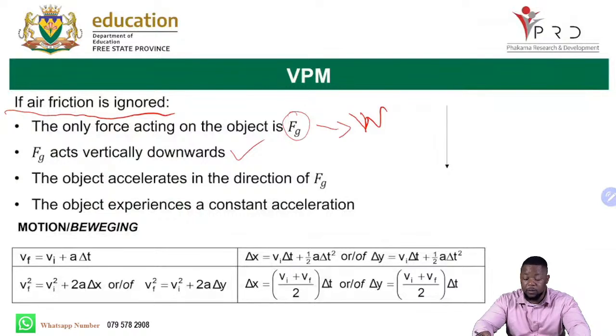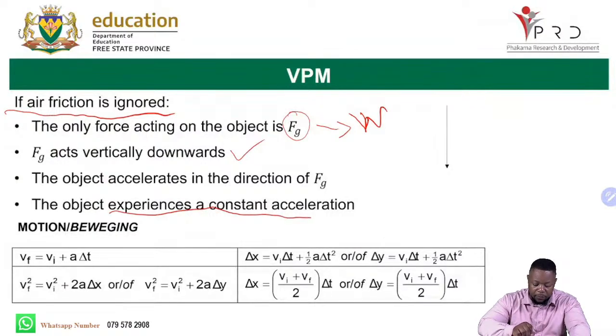So irrespective of whether the object is thrown upwards or downwards, all of them experience a constant acceleration of 9,8 meters per second squared downwards, only when they are under free fall.